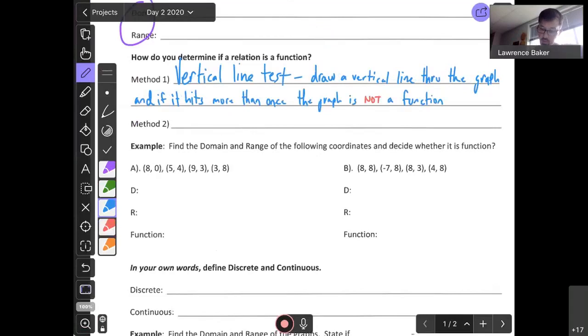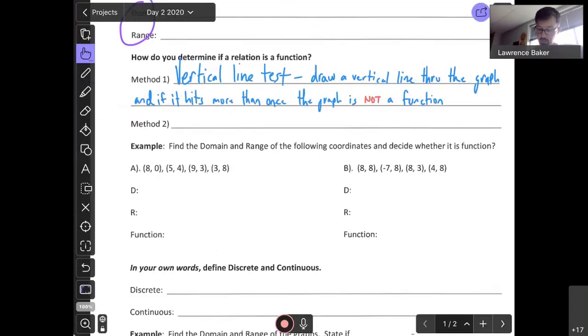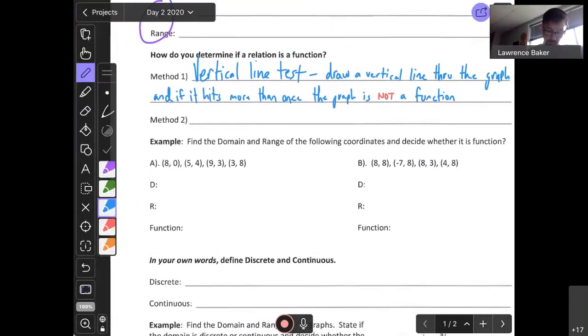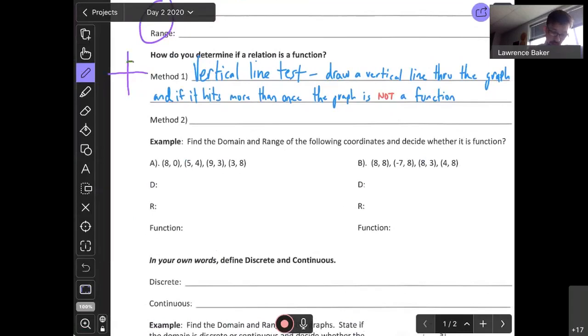So I'm going to do a couple of quick sketches for what that would look like, just off to the side here. If we were to graph something like a circle, there's an equation that would graph a circle, like we were just talking about equations that would graph parabolas and lines.